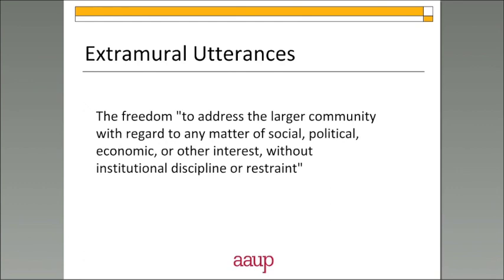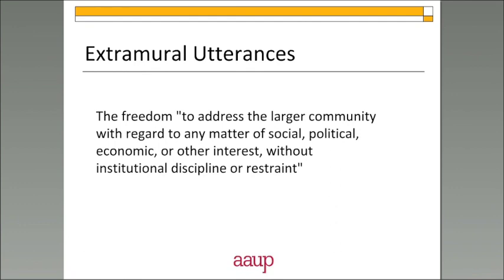There are limitations to extramural utterance, and the important element that the AAUP always stresses is that in order for an extramural utterance to give rise to dismissal or be grounds for dismissal or major sanction, it needs to clearly demonstrate the faculty member's unfitness for his or her position.